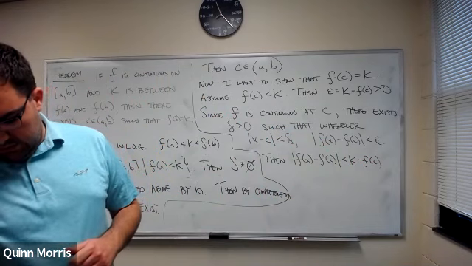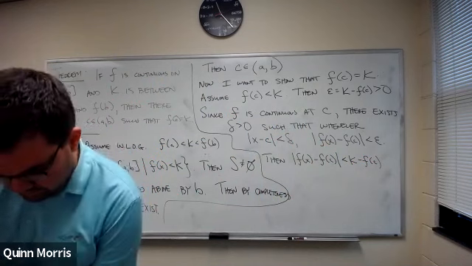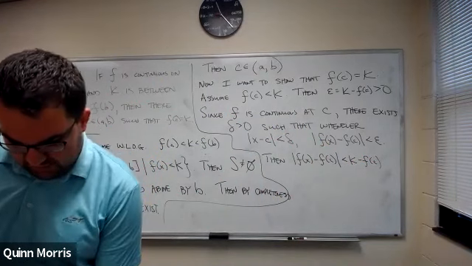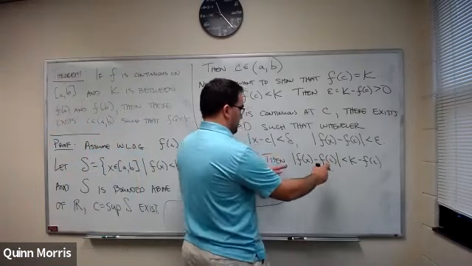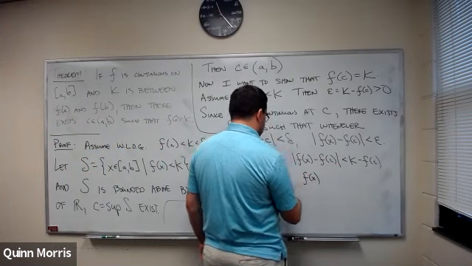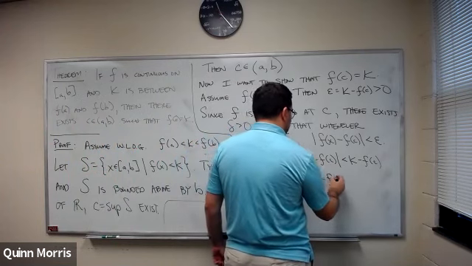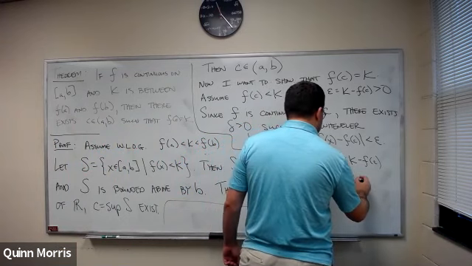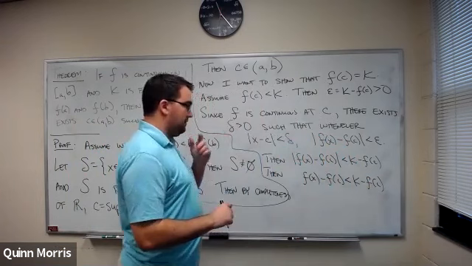Now let's note that, let's see, what is this really telling me then? If I sort of break this up into cases, this tells me that f of x minus f of c is less than K minus f of c.